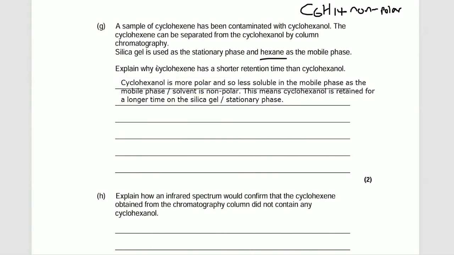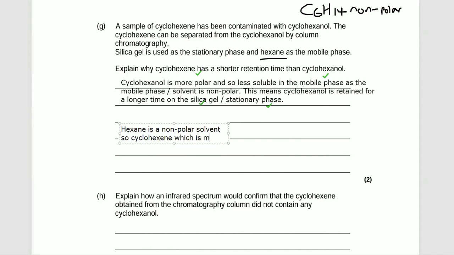It has a stronger affinity for the silica gel, the stationary phase, than it does the mobile phase, because the mobile phase is non-polar. Now we can write it like that, or you can write it in the other context where we talk about hexane being a non-polar solvent.